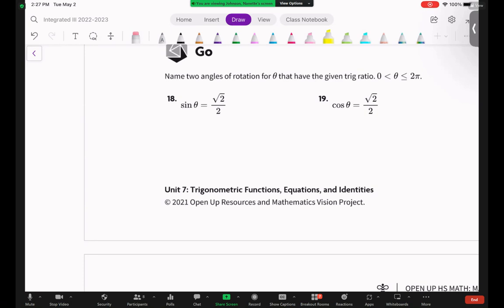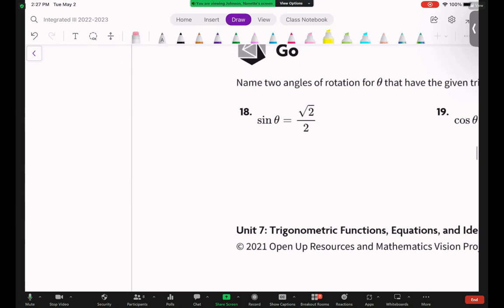For me, I know it's the 45, 45, 90 triangle because whenever I get a root 2, that kind of indicates to me that this is a 45, 45, 90 triangle. So the way I do this is I go back to the definition of sine, which means opposite over hypotenuse, right? So I'm going to graph this.